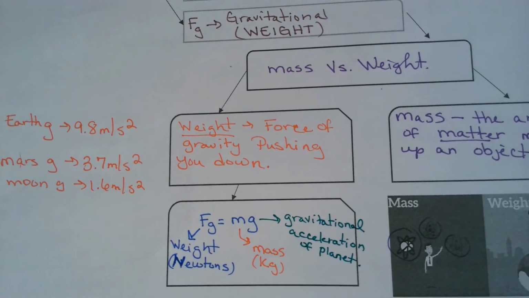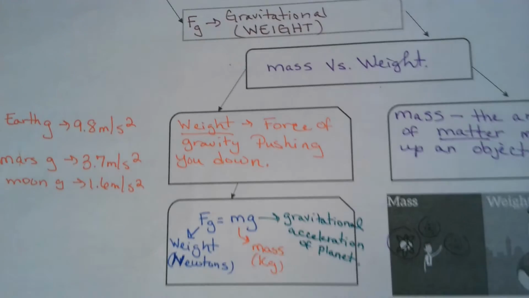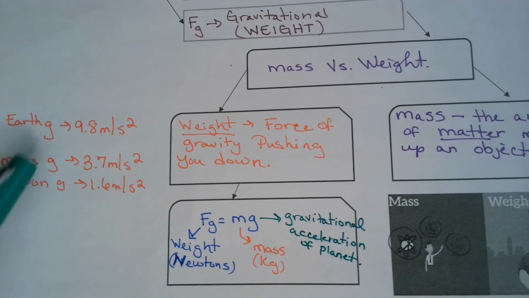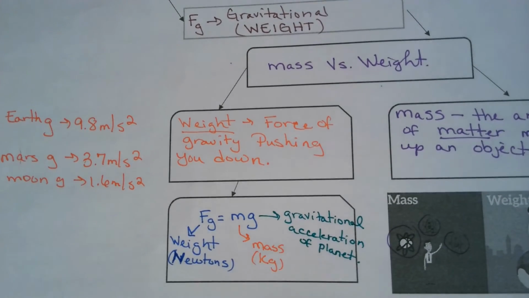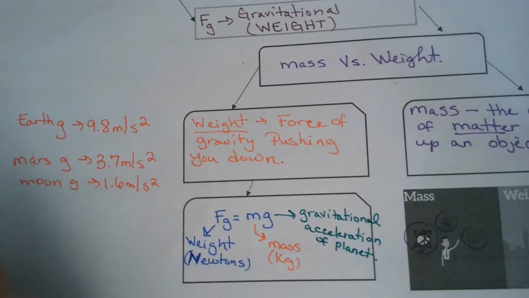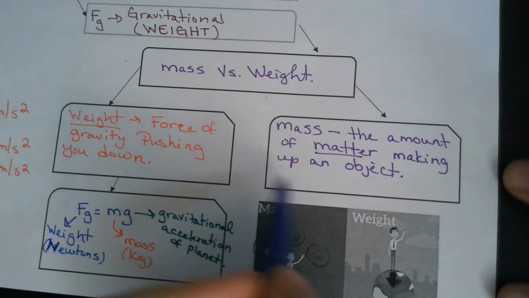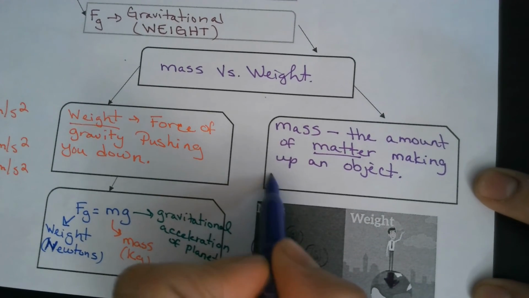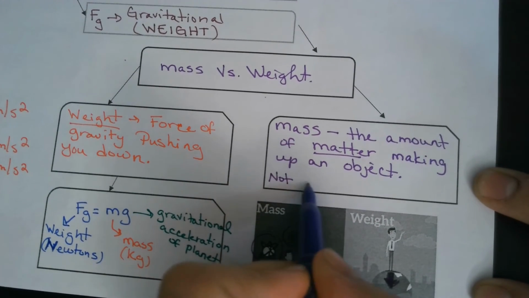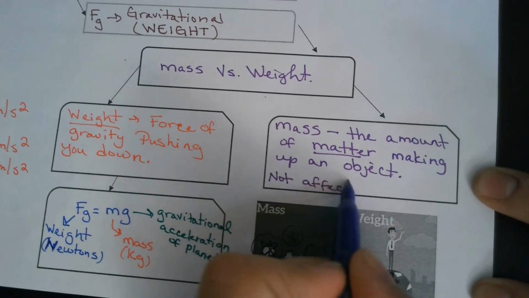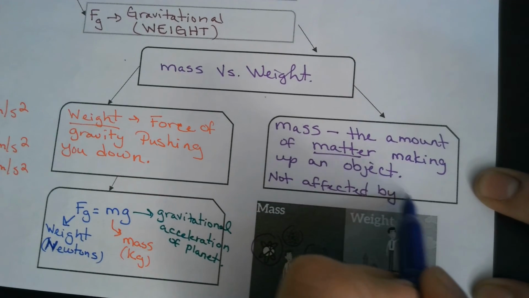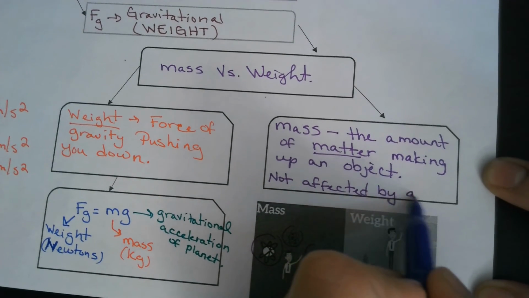And I'm going to give you a very important side note. The weight is going to change depending on the planet. However, mass, the amount of matter, never changes. It would not be affected by a planet.